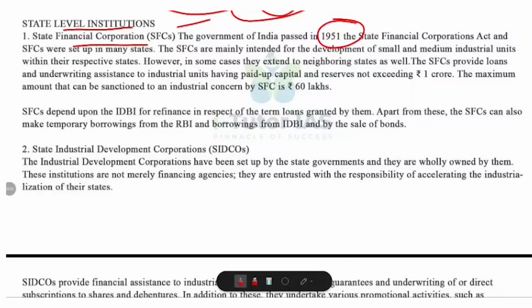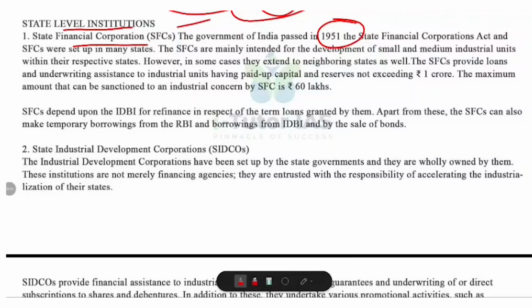So, what exactly do SFCs do? Their main objective is to help in the development of small and medium industrial units within their respective states. In some cases, if required, they can even extend their financial help to neighboring states. Now, how do they help industries?